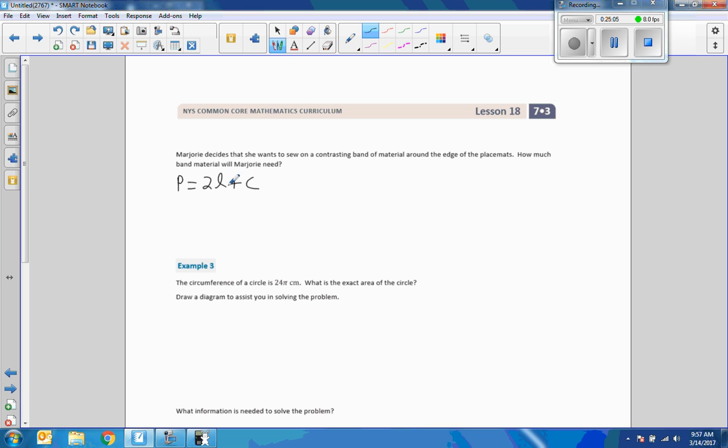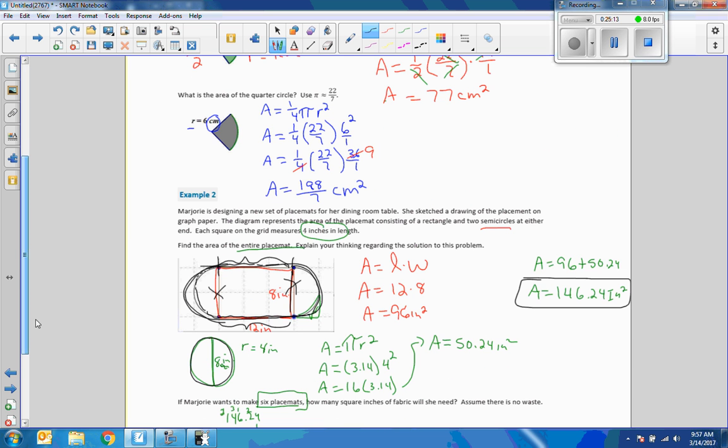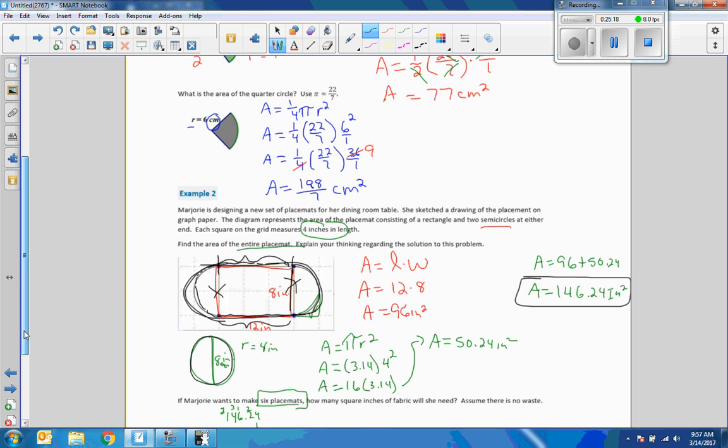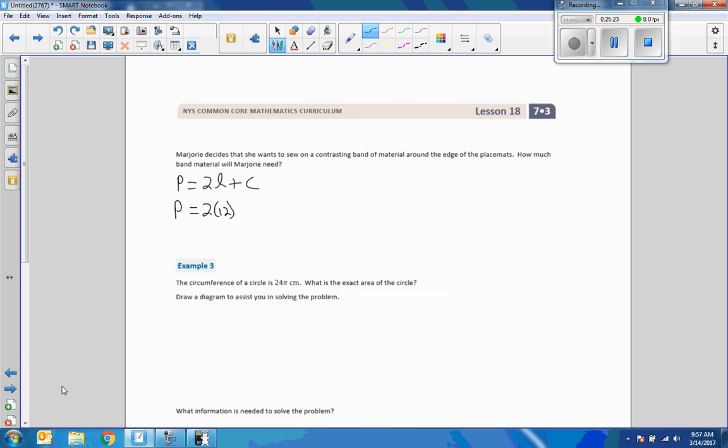So we're going to do the length twice plus the circumference of the circle. The length was 12. And the circumference formula is 2 pi r, and we know the radius is 4. Plus 2 pi r, that's my circumference.